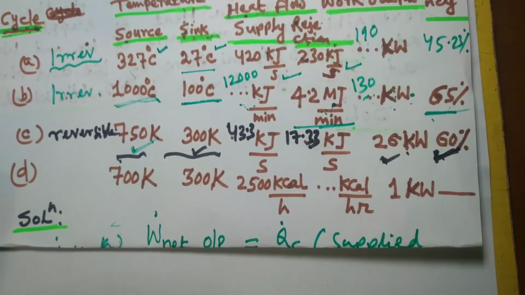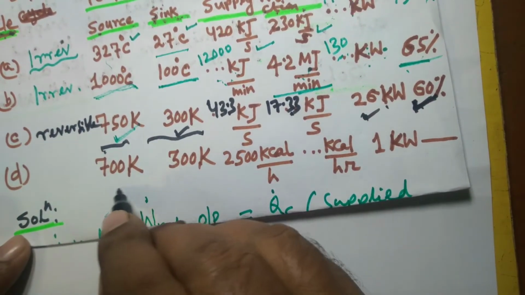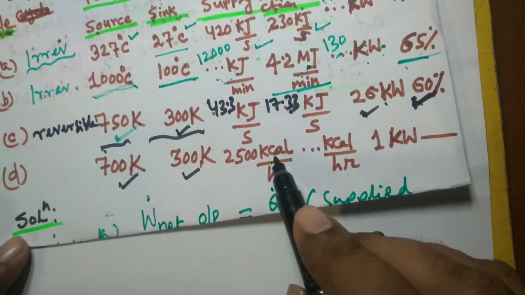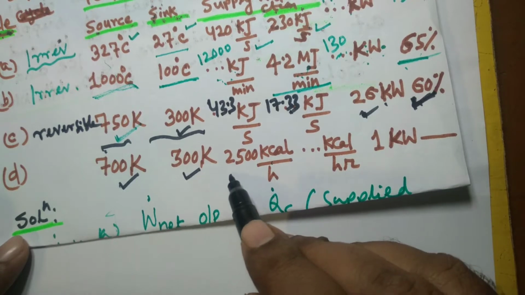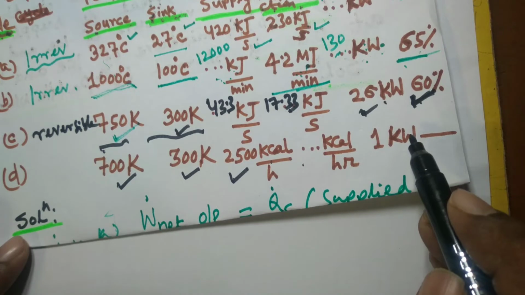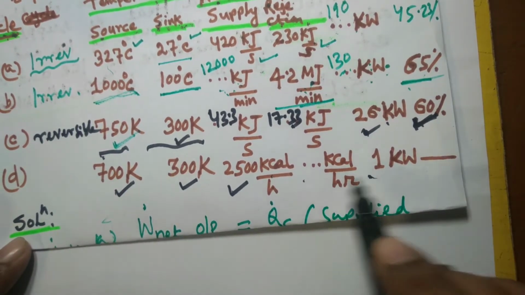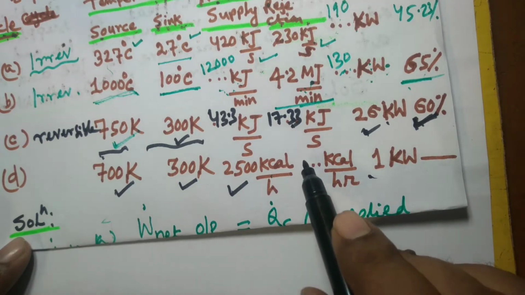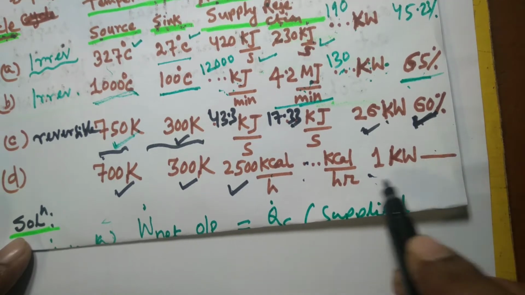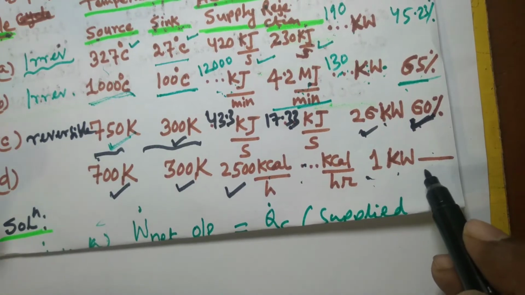So the next question is like this. The source temperature is 700 Kelvin, sink temperature is 300 Kelvin, and this time the heat supplied to the heat engine is given in terms of kilocalorie per hour, and heat rejected has to be calculated, and the rate of work output is expressed in terms of kilowatt. So once we are able to calculate the heat rejected, then we can easily find out the efficiency. Of course, right now also you can find out the efficiency and fill in this blank.